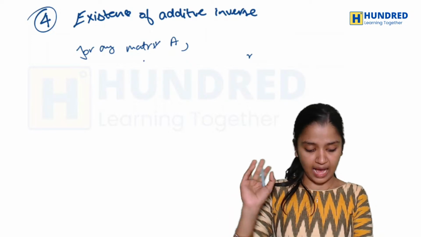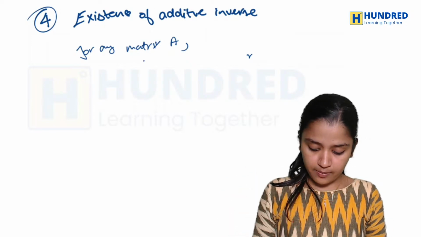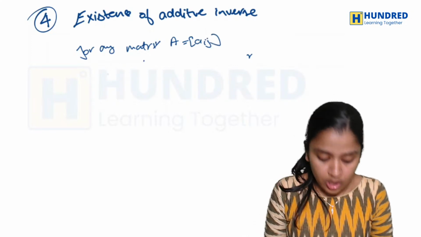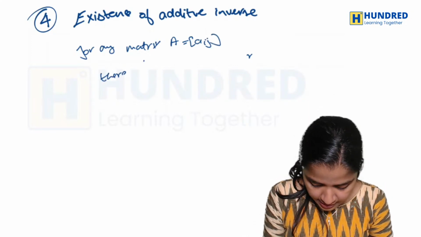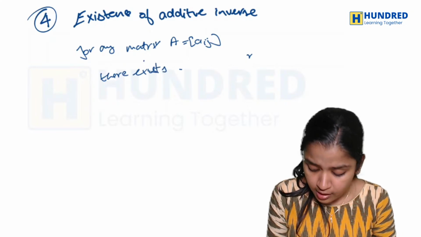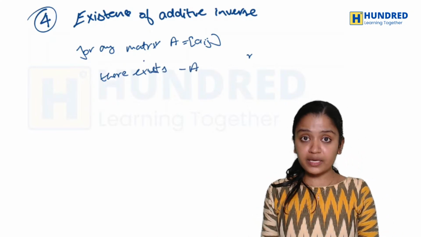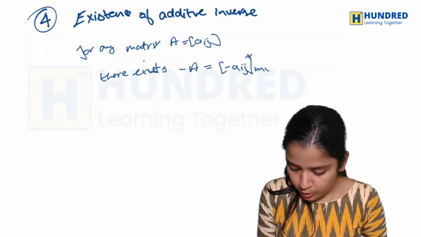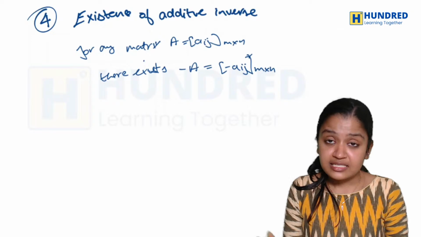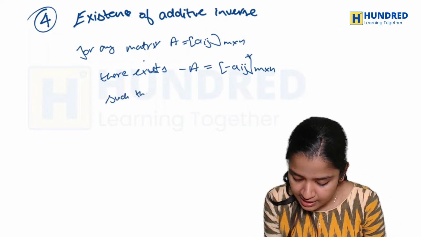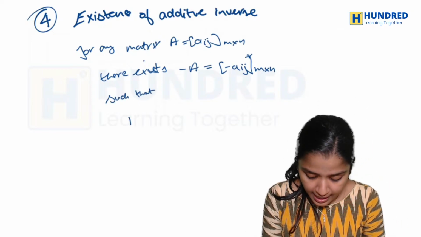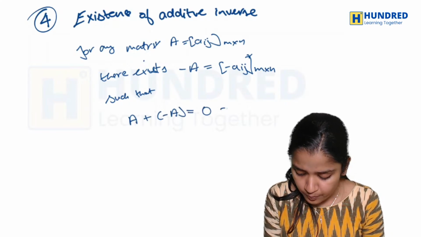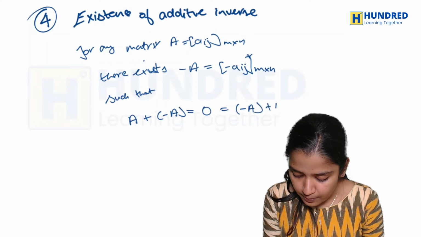You say the matrix A is equal to Aij, and there exists minus A, a negative matrix, which is minus Aij, m cross n, such that A plus minus A is equal to 0, that is equal to minus A plus A.